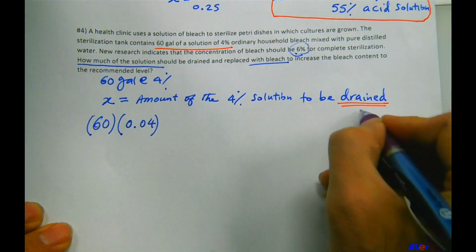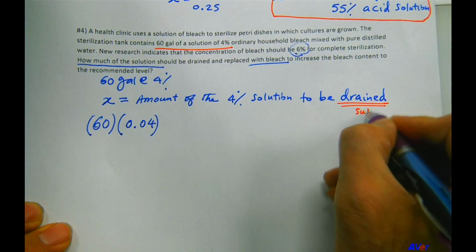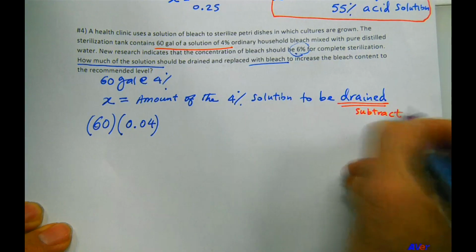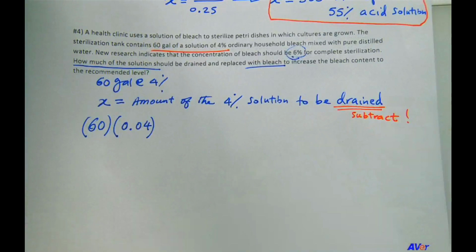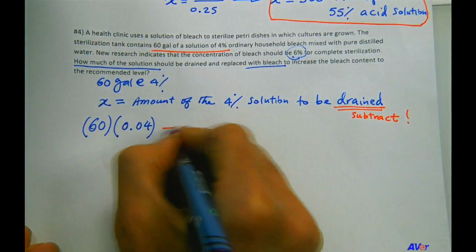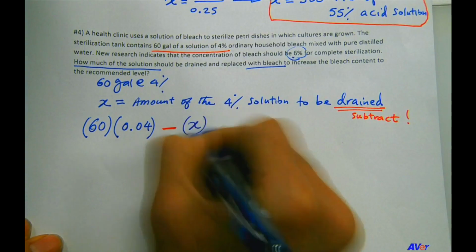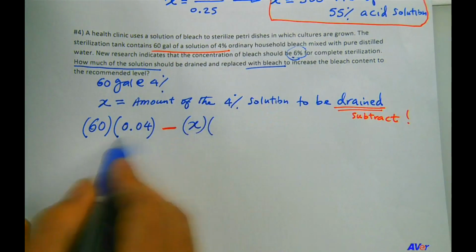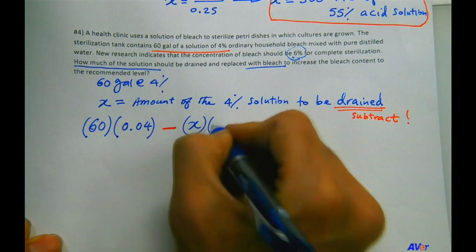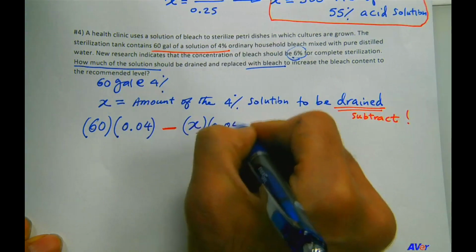Drained means subtract, right? So minus X times, what is the solution that we're draining? The 4% one. So X times 0.04.